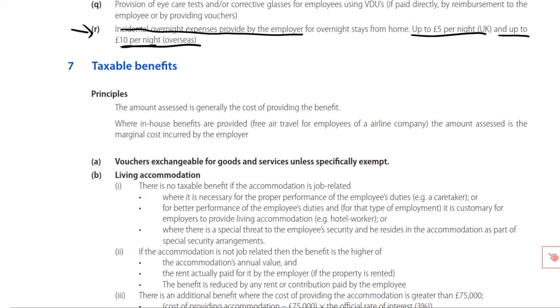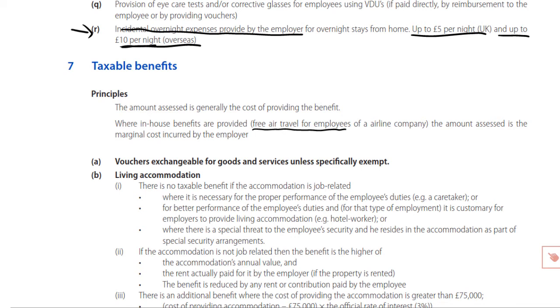For example, you work for an airline and you're provided with free air travel as an employee of that airline company. You wouldn't be charged the full amount. All you'd be charged would be any marginal costs that attach to that. Now don't worry, you don't have to work out what that is. It's not a management accounting exam. You'd be told what the marginal cost is.